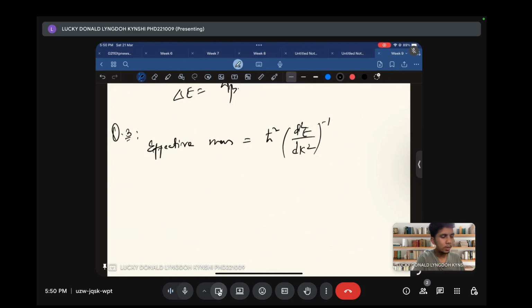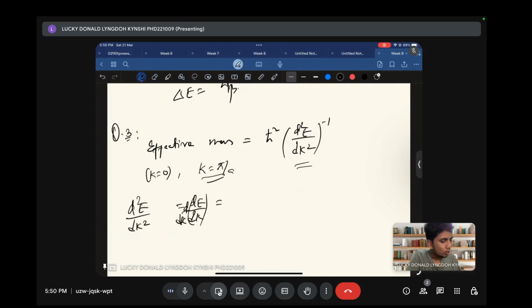When you talk about the bottom of the band, you are talking about k equal to 0, but when you talk about the top, k is equal to pi by a, because this is what we got. dE by dk equal to, we get sin ka should be equal to 0, so k equal to 0 or k equal to pi by a. Now we'll just differentiate again. So d square E divided by dk square equals d by dk of dE by dk.